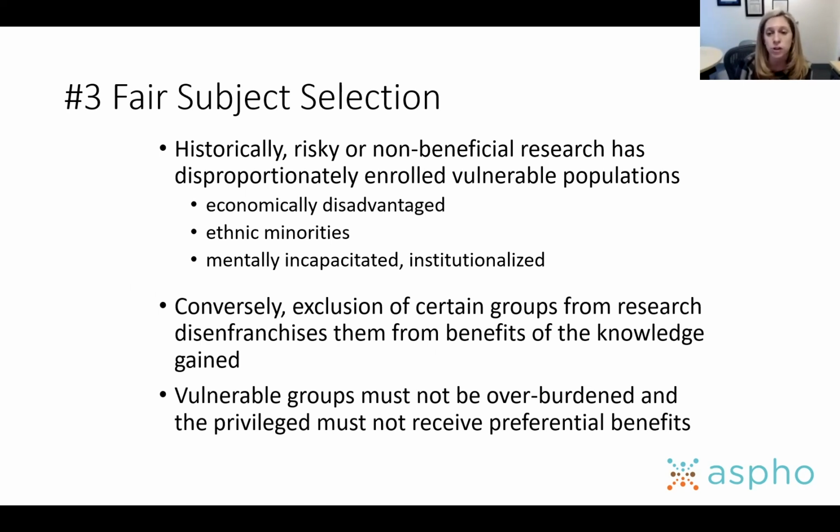Conversely, exclusion of certain groups from research can disenfranchise them from benefits of the knowledge gained. So fair subject selection means that vulnerable groups must not be overburdened, and there also need to not be privileged populations who get preferential benefits from our research endeavors.